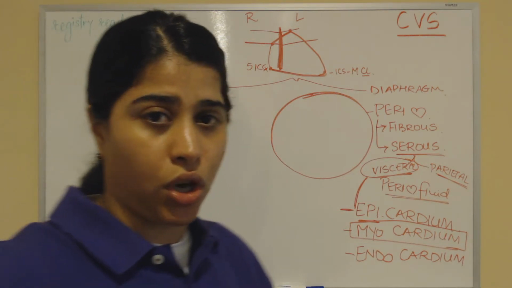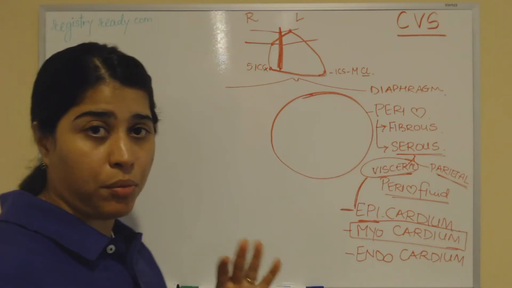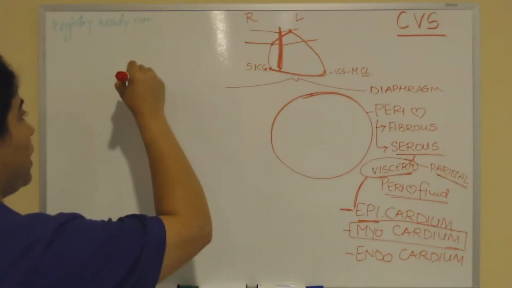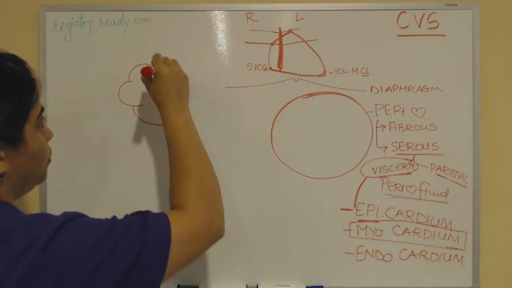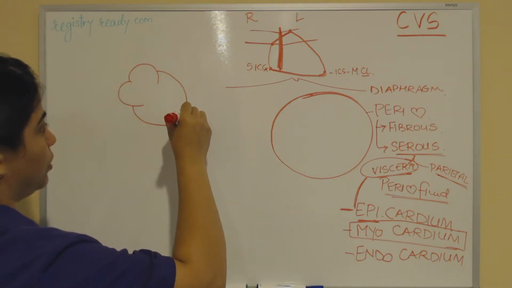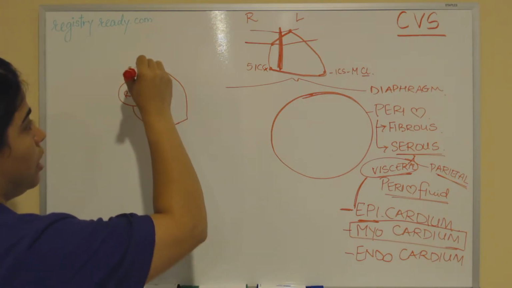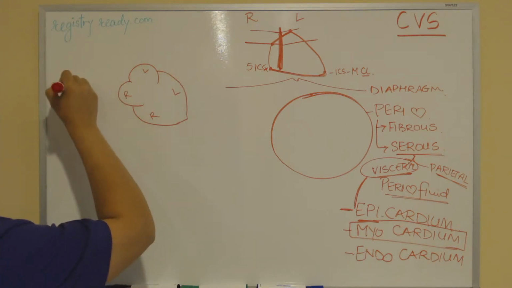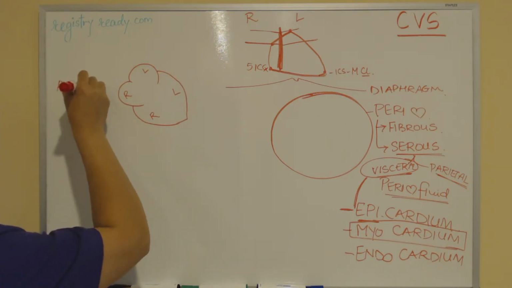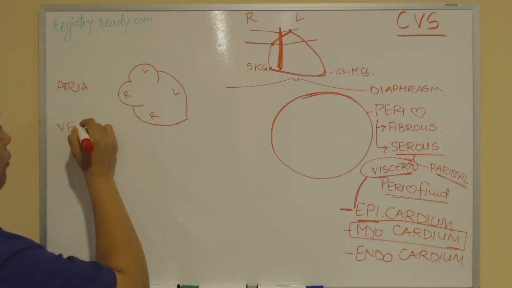So now when we are just talking about the general anatomy of the heart, we know that the heart is made up of 4 chambers. We have 2 smaller upper chambers and we have 2 larger lower chambers. So we have 2 right-sided chambers and we have 2 left-sided chambers. The upper chambers are known as the atria, which are the smaller chambers, and the larger chambers are known as ventricles.